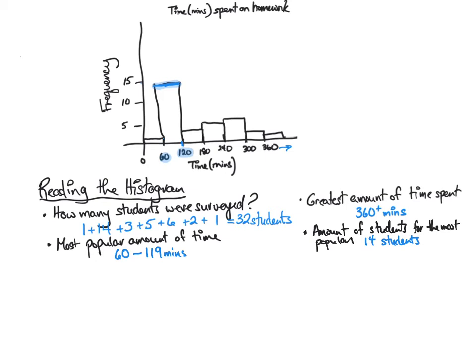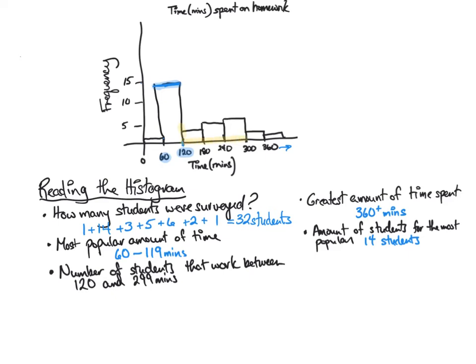So let's take a look at the next one. The number of students that work between 120 and 299 minutes. So 120 starts here, and I'm going all the way to 299.